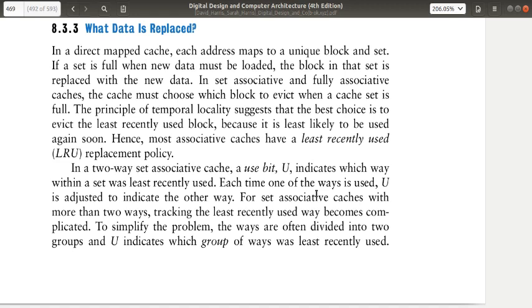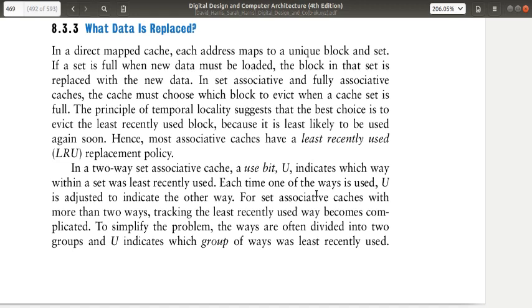But when it comes to set associative mapping and fully associative mapping, the problem is that there are multiple choices, because in each set there are n number of blocks, right? And the processor or the designer should decide which of these blocks has to be replaced by the new one.